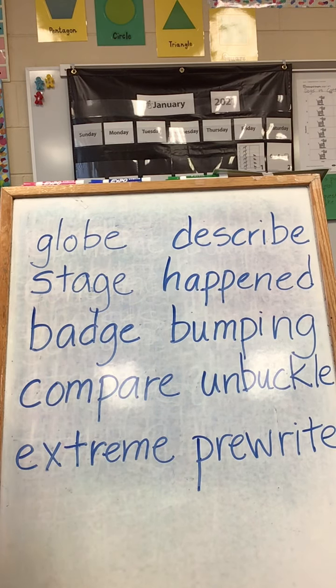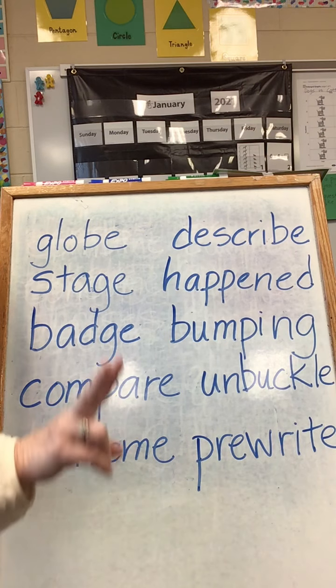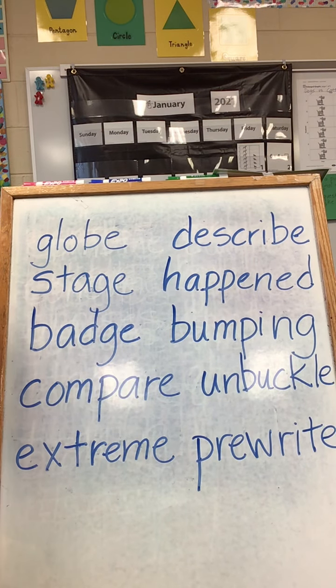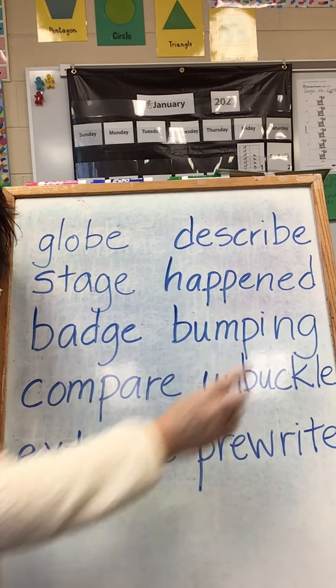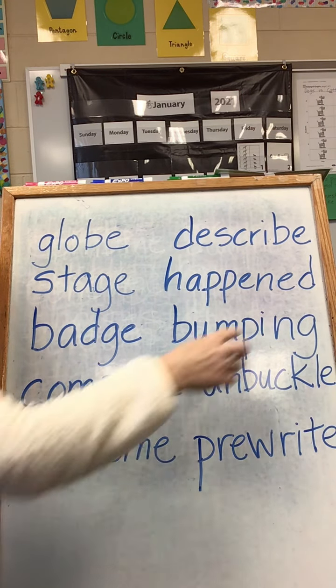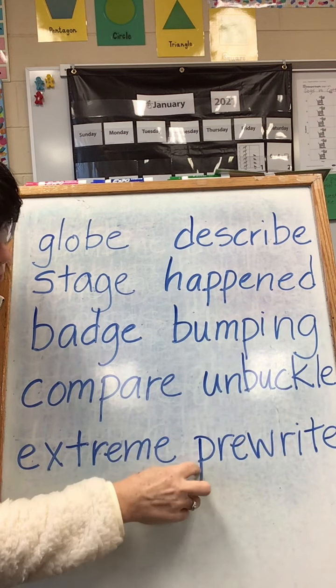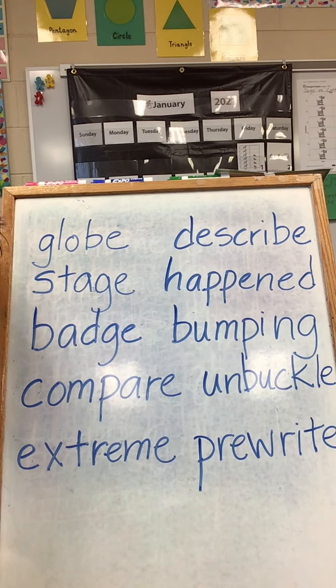I'm looking to see how many words of mine have a suffix this time. Look and see if you see any suffixes this time. And how many do you see? If you said 2, you are correct. Happened and bumping both have suffixes this time. So suffixes are at the end, prefixes are at the beginning.